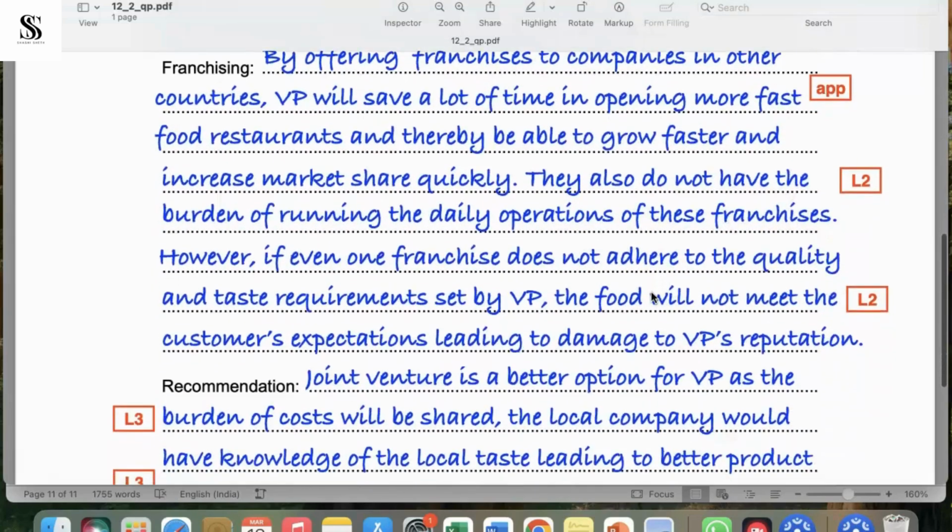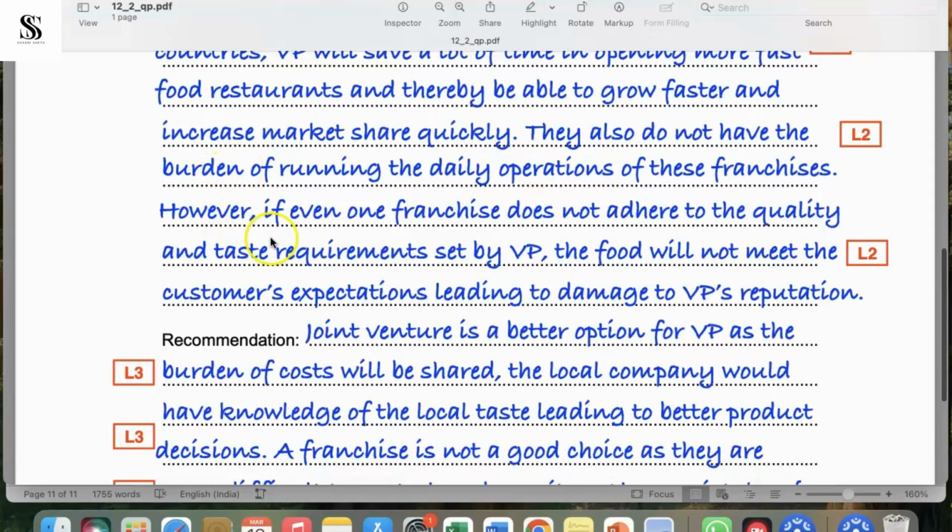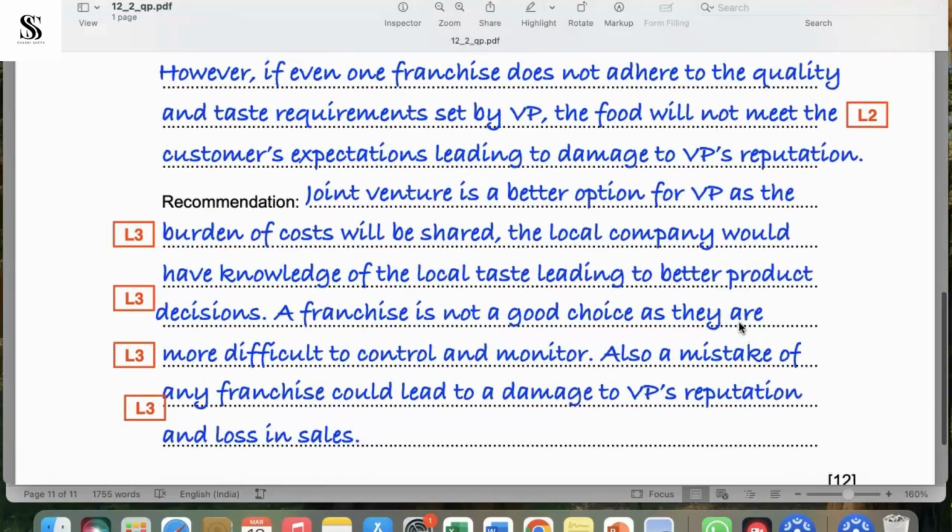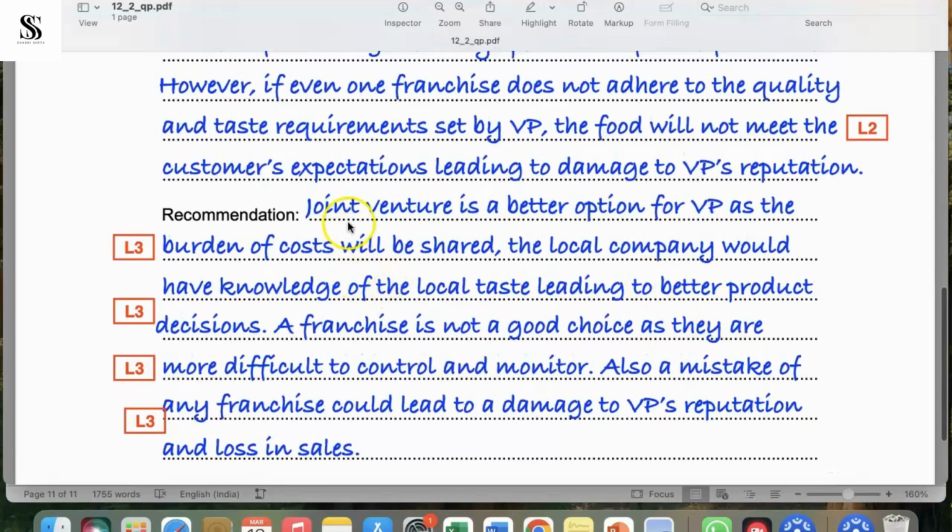So that's one L2, that's an advantage. However, if even one franchise does not adhere to the quality and taste requirements set by VP, the food will not meet the customers' expectations, leading to damage to VP's reputation. A disadvantage fully explained.